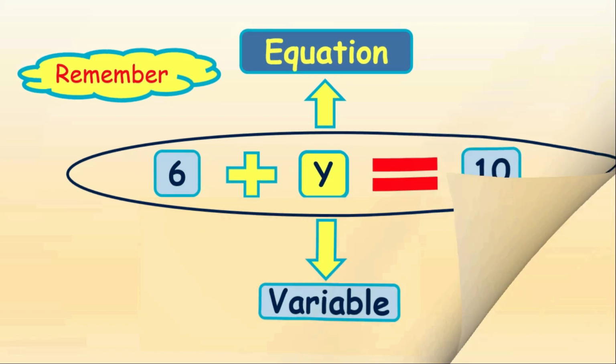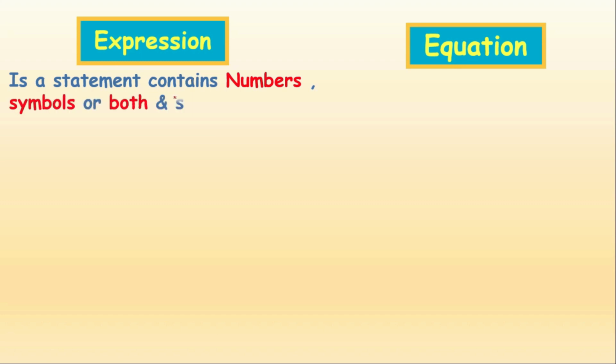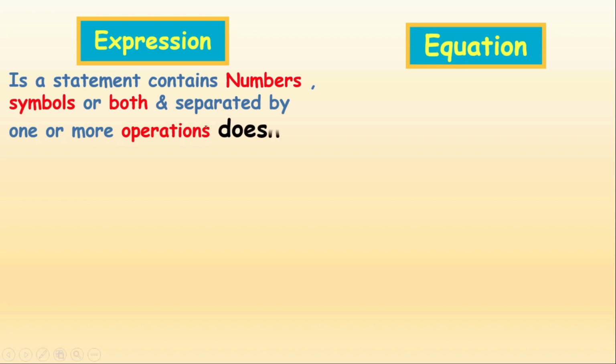Okay, now let's find the difference between expression and equation. An expression refers to a statement that contains numbers, symbols, or both, separated by one or more operations, and doesn't contain the equal sign. What does it mean? It's very simple. Expression means we have numbers or symbols, or both.